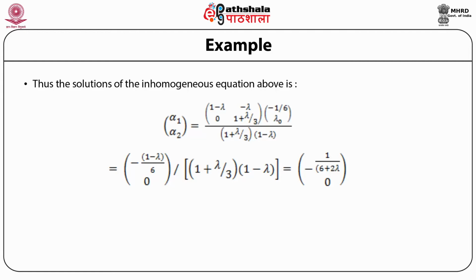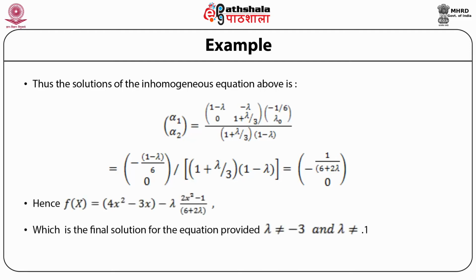This can be multiplied, and one can see that it is simply equal to the column vector with entries minus 1 upon 6 plus 2 lambda, and 0. So alpha 1 is minus 1 upon 6 plus 2 lambda and alpha 2 is equal to 0.